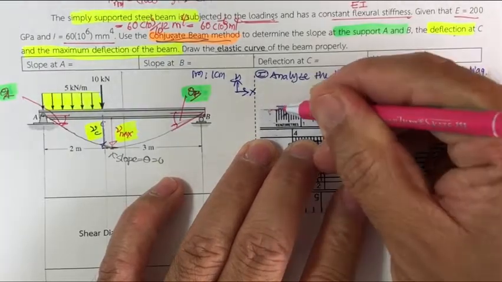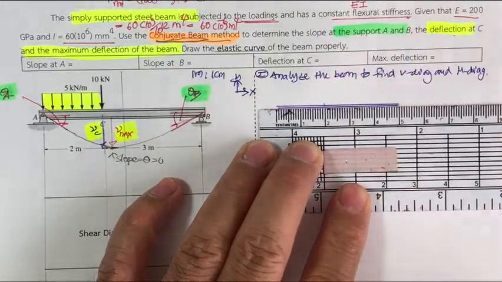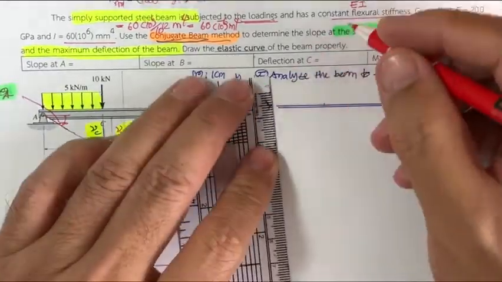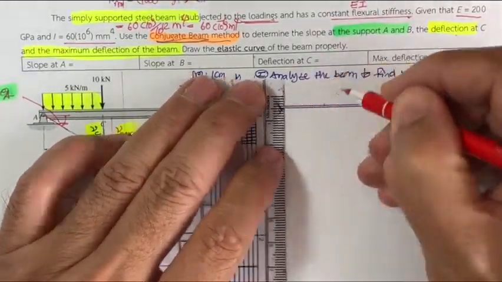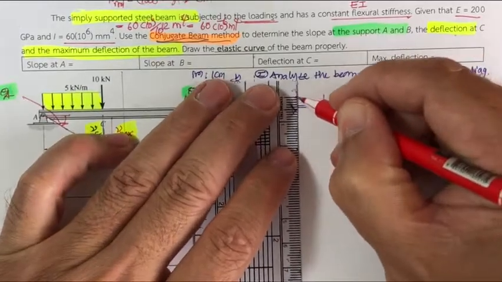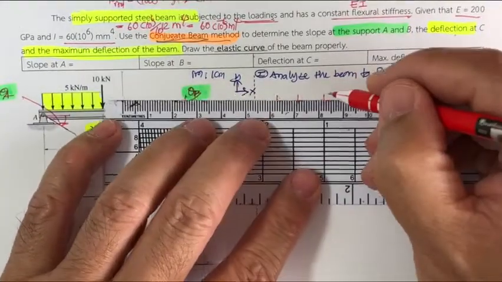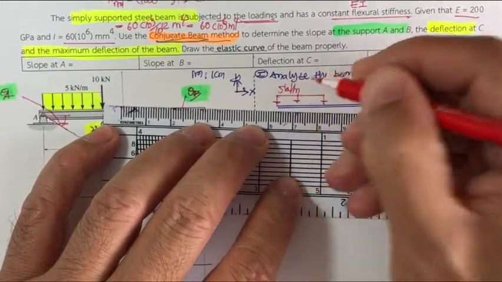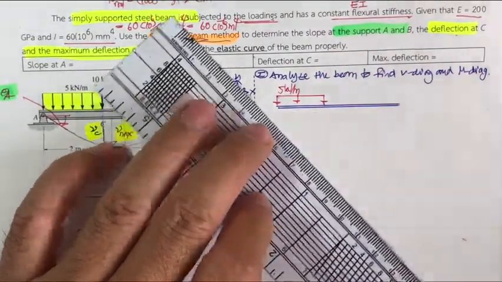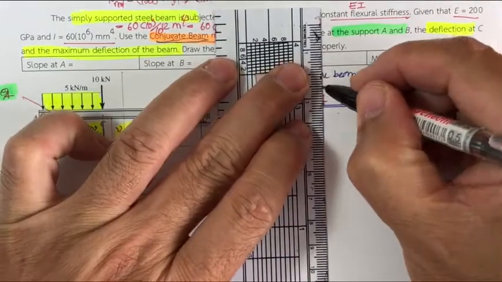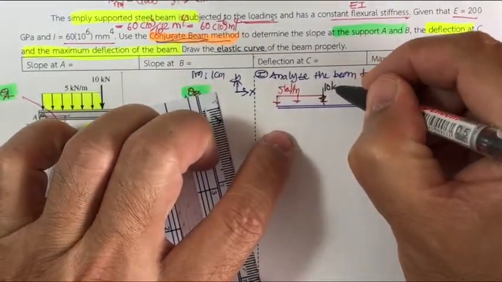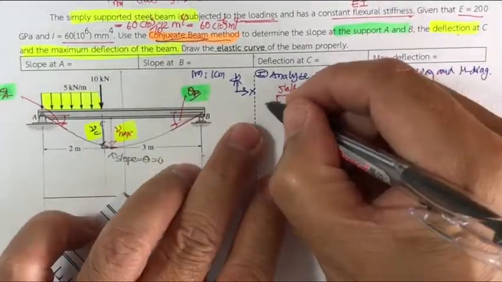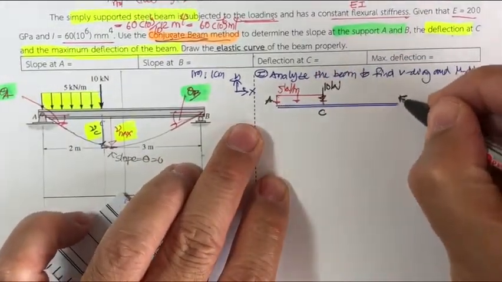Okay, over here, and then 2 meters is here, and then this portion is subjected to a uniformly distributed load of 5 kilonewton per meter. You also have the 10 kilonewton here at the point C. So at the A, you're going to have what?